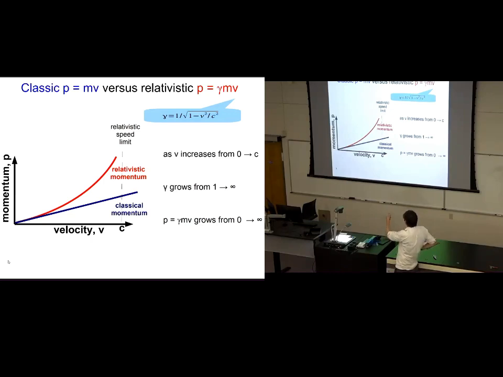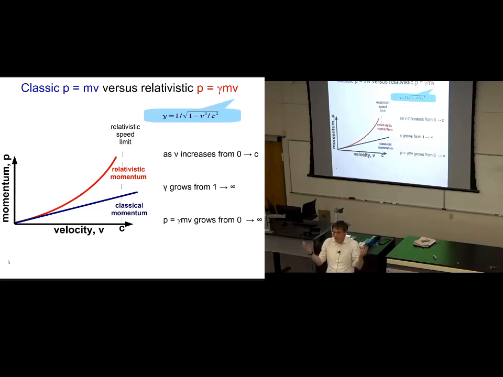And so you see this effect here. And you see a really interesting effect happen as you approach the speed of light. As you approach the speed of light, gamma does a really weird thing. It gets bigger and bigger and bigger, really fast. As you get closer and closer to the speed of light, 99%, 99.9%, 99.999%, that gamma factor is blowing up.